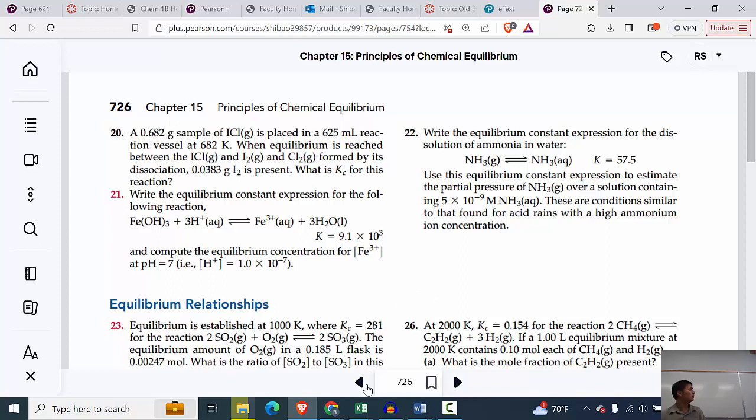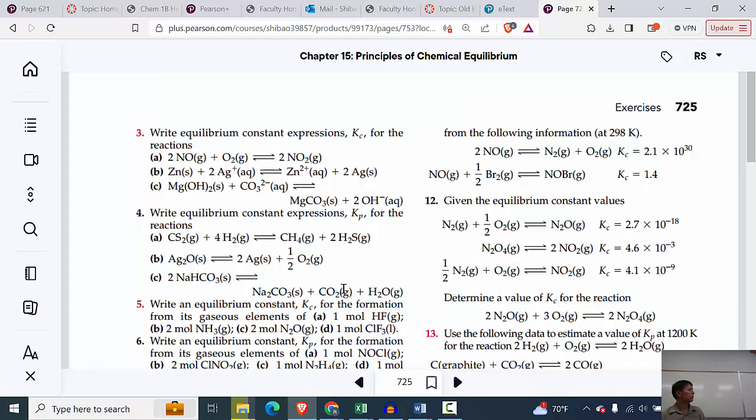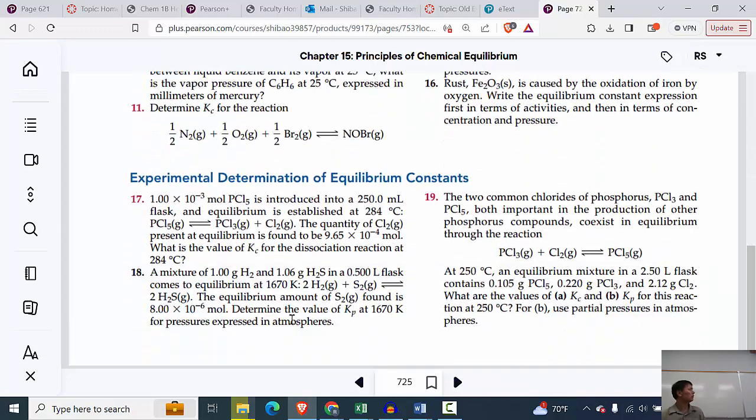Okay. So some of these we use a little bit of stoichiometry to determine, say for example, this number 18: 1 gram of H2, 1.06 grams of H2S. So we can calculate how many moles of H2 and how many moles of H2S. And then they tell us the equilibrium amount of S2.